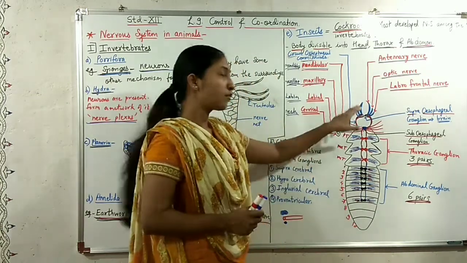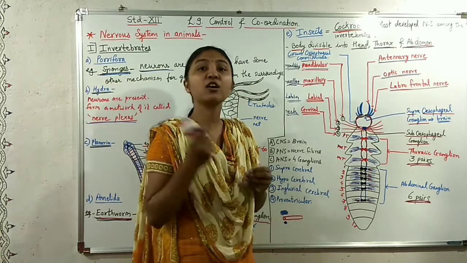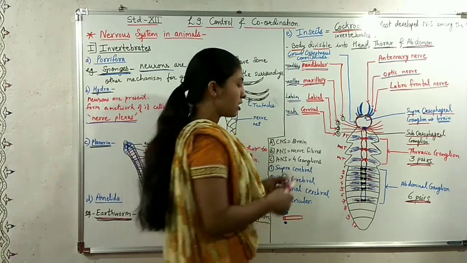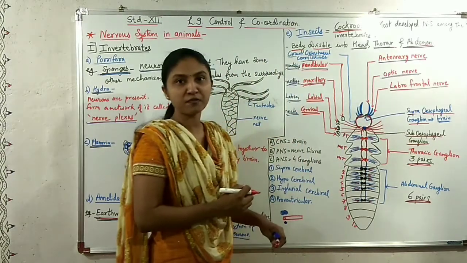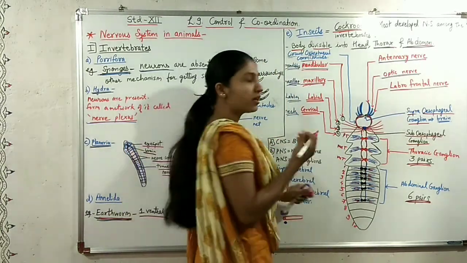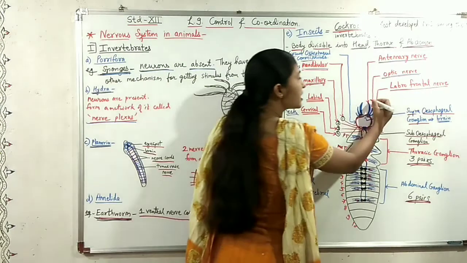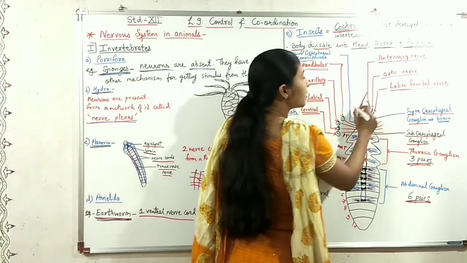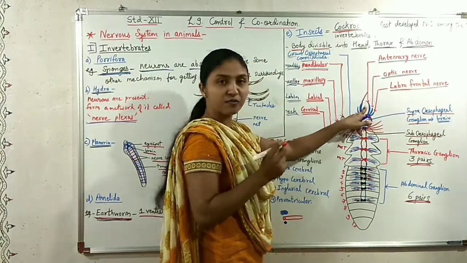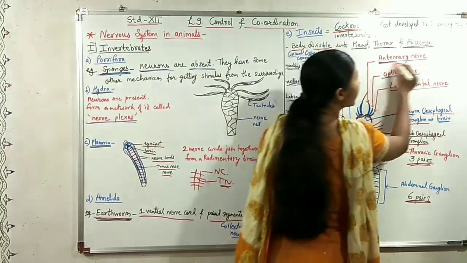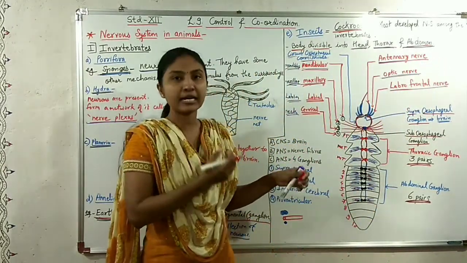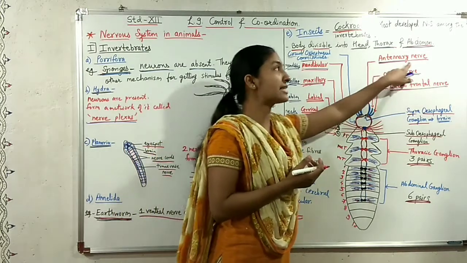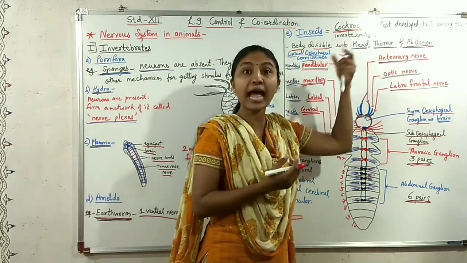Now, from these ganglions the nerve fibers arise. From the supraesophageal ganglion 3 pairs of nerves arise. The first pair of nerve fibers is the antennary nerve, because it controls the movements of the antenna in the cockroach. It goes to the antennae.